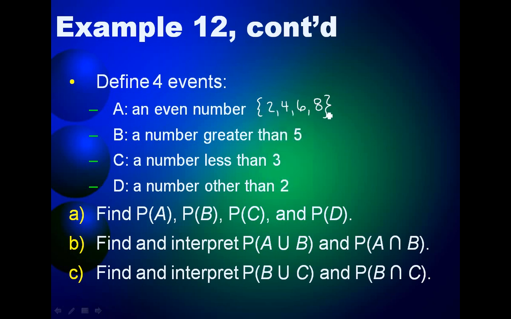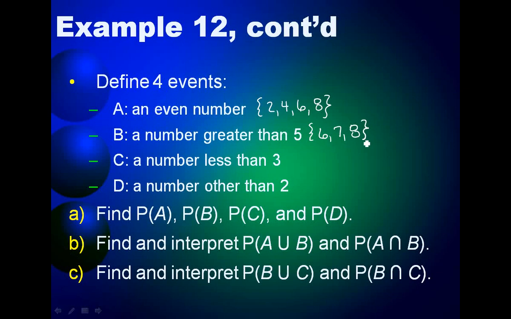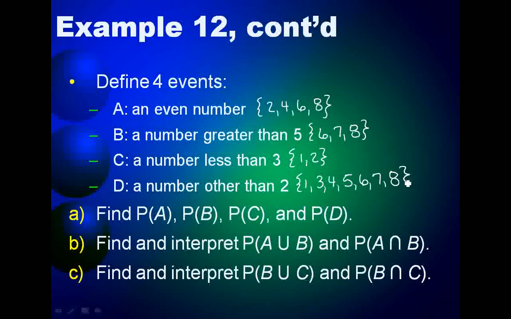A number greater than 5 would be 6, 7, or 8. A number less than 3, 1 or 2. A number other than 2: 1, 3, 4, 5, 6, 7, and 8.